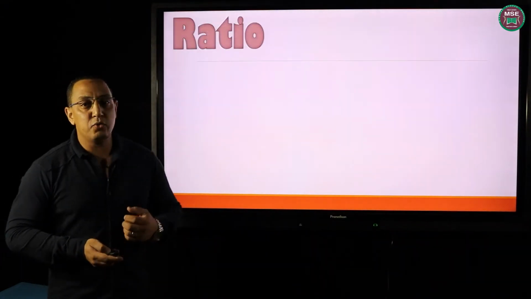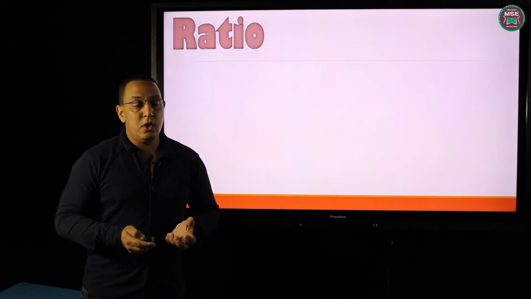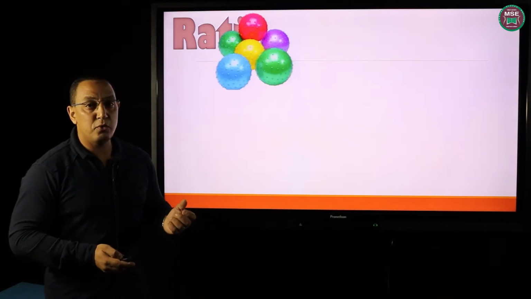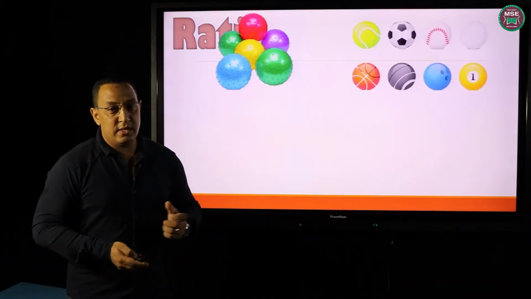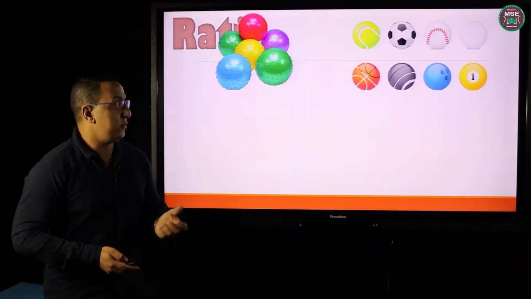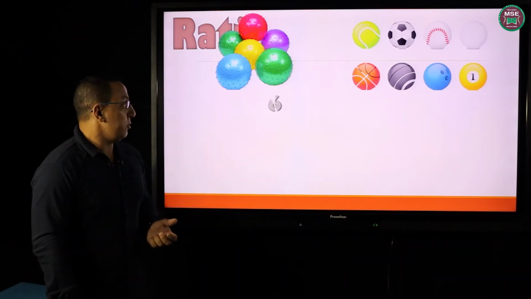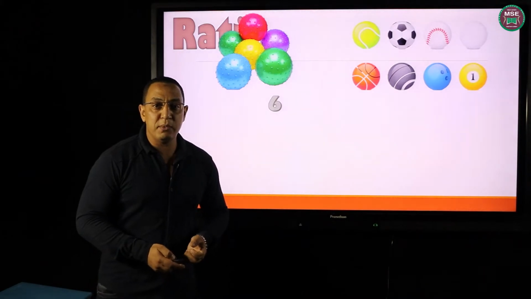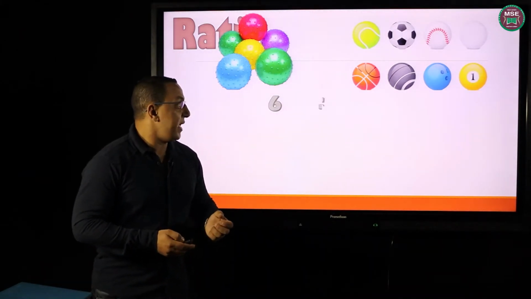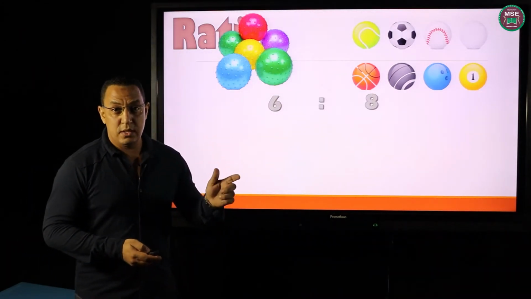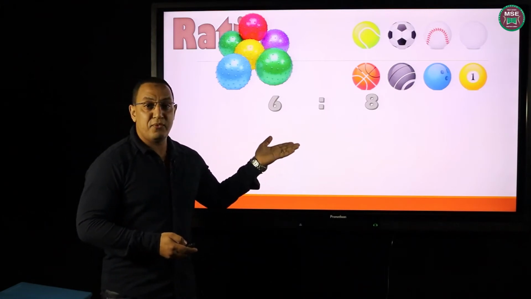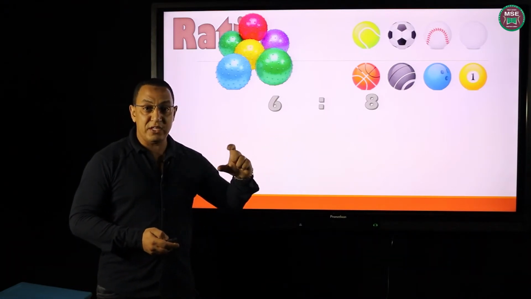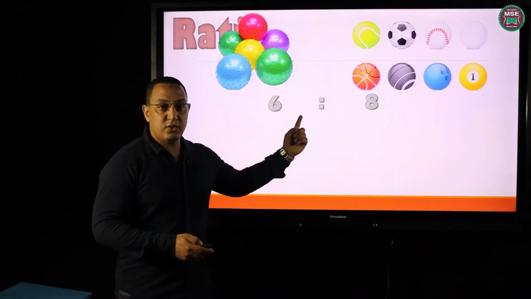First, we are going to remember the meaning of the ratio. For example, if we have two groups of balls like this, the first group formed from 6 balls and the second group formed from 8 balls. To compare between the two groups, we are going to put them in the form of a ratio written like this, 6 to 8.